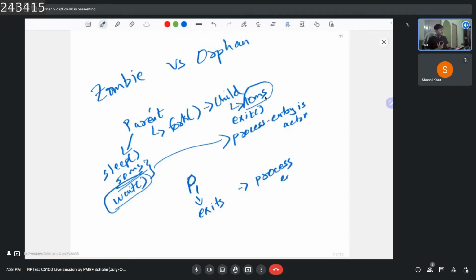There would be a small gap, because once it exits, it has to call the kernel scheduler, and it has to be deleted from the ready queue. At least for like 1 millisecond, that entry would still be active in the ready queue, until all the resources allocated to P1 get deleted. Till then, the process entry would be active only.